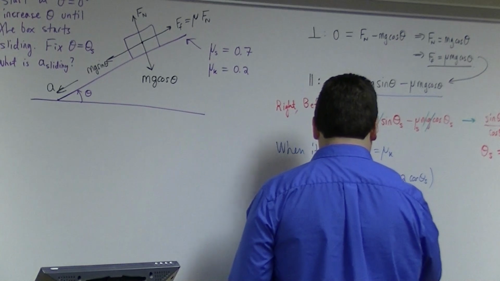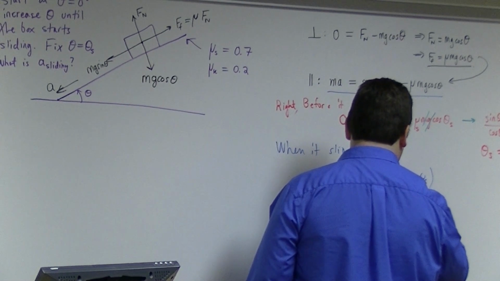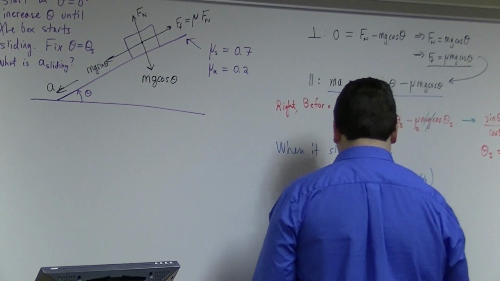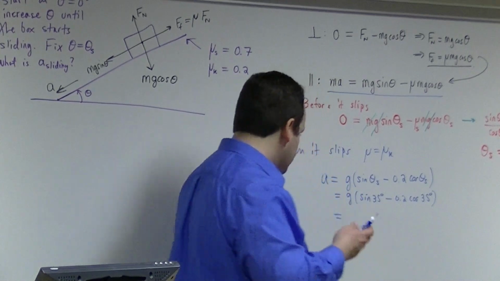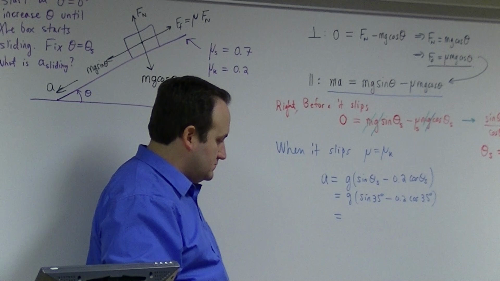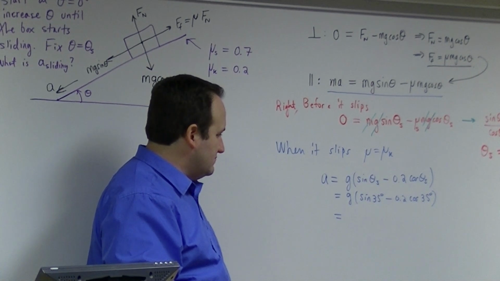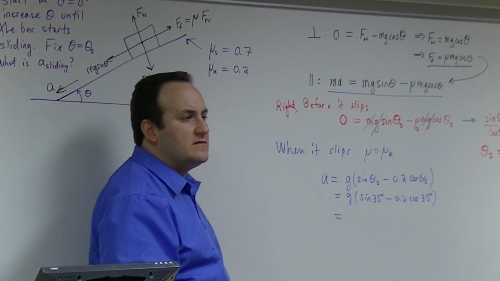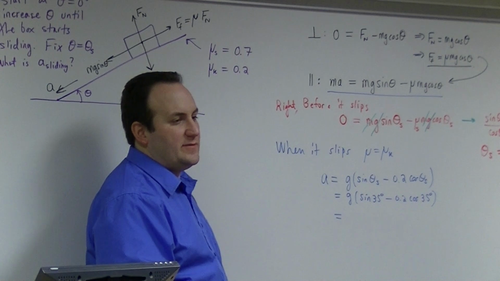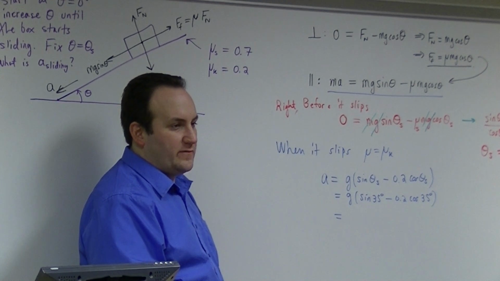So g times the sine of 35 minus 0.2 times the cosine of 35. What do we got? 4.01? Oh, you're multiplying by g. Before you multiply by g, I was guessing it's about 0.4 g's.